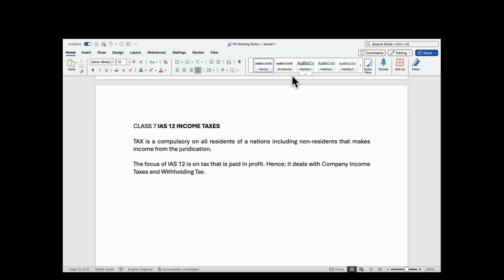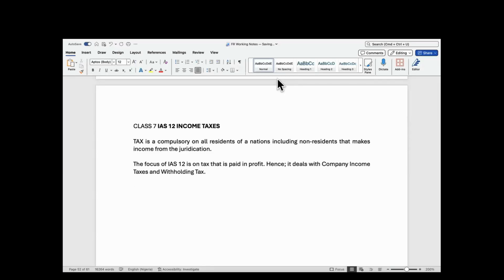Capital gains tax is also a tax you pay on profit, so it would apply, but VAT will not apply. The focus here is company income tax and withholding tax. So what I'm teaching you today is basically how to account for those two.